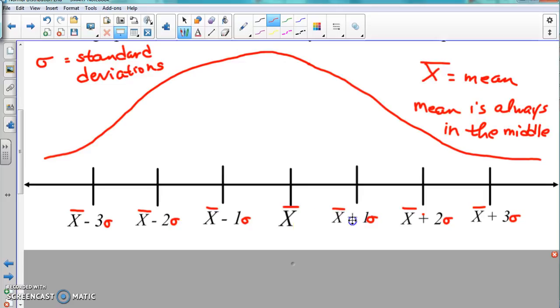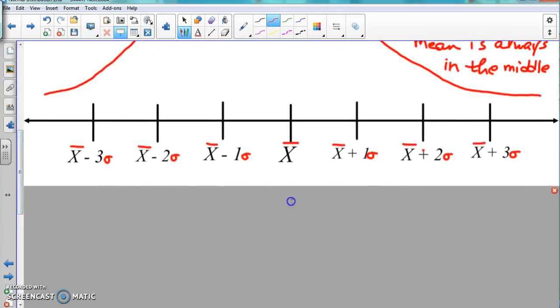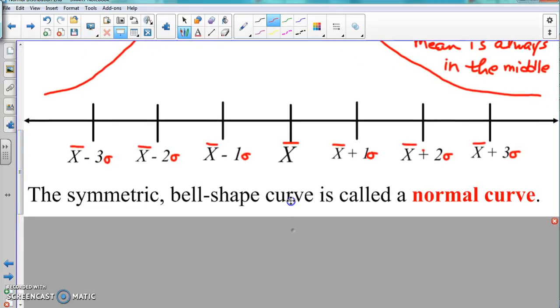And then here we have one standard deviation, then two standard deviations, then three standard deviations. So 1, 2, 3 here, 1, 2, 3 going on there. With this, we have a thing called the bell-shaped curve, and that's what we call the normal curve. This symmetric bell-shaped curve is called the normal curve.